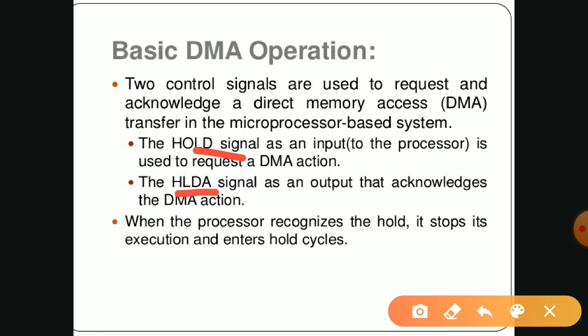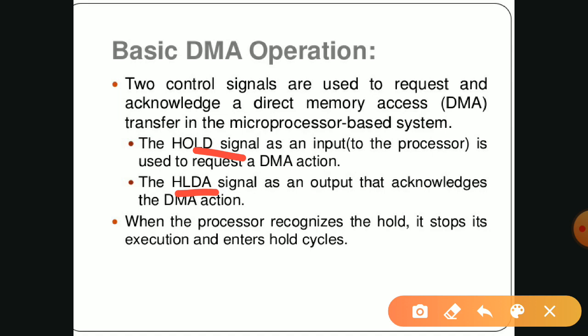Through the HOLD signal, you are holding the bus control operation by the processor. You are saying to the processor, just hold the bus operations for some time. The DMA controller is holding the bus operations.